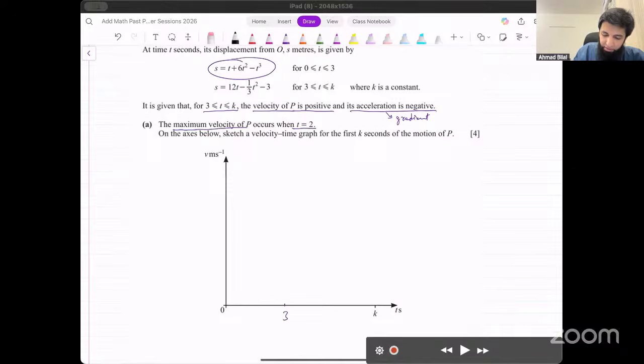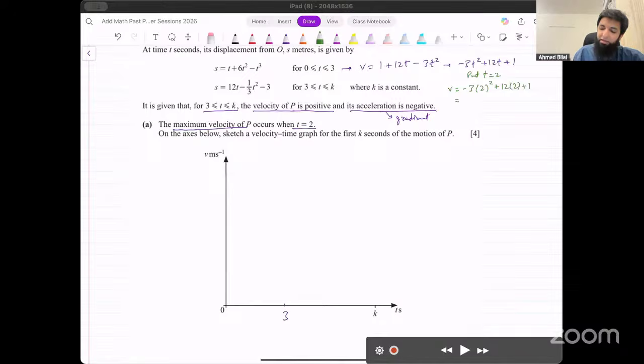This is the displacement function, right? Can we find the velocity function from this? Differentiate it. You get 1 plus 12t minus 3t squared. So it's a quadratic function: minus 3t squared plus 12t plus 1. Put time equal to 2 in this and see what value of velocity you get. V equals minus 3 into 2 squared plus 12 into 2 plus 1.